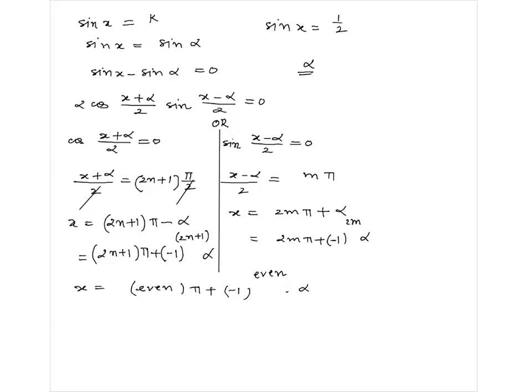And the left side says that it can be some odd number into pi plus minus 1 to the power the same odd number into alpha. It is either of the two is fine type of case. It's not that it can be only this or only that. You're happy with the left side also, you are happy with the right side also. So that means you are happy with either even or odd.